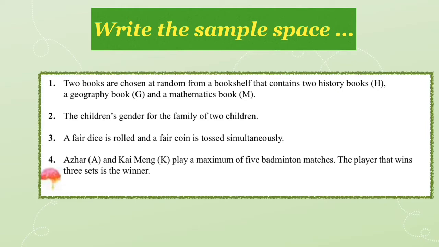Number 3, a fair dice is rolled and a fair coin is tossed simultaneously. Number 4, Azhar A and Kaimin K play a maximum of 5 badminton matches. The player that wins 3 sets is the winner. So please try to work out the answer before we discuss.